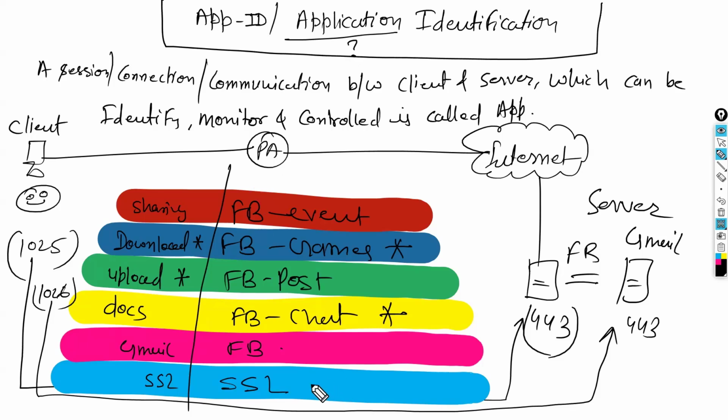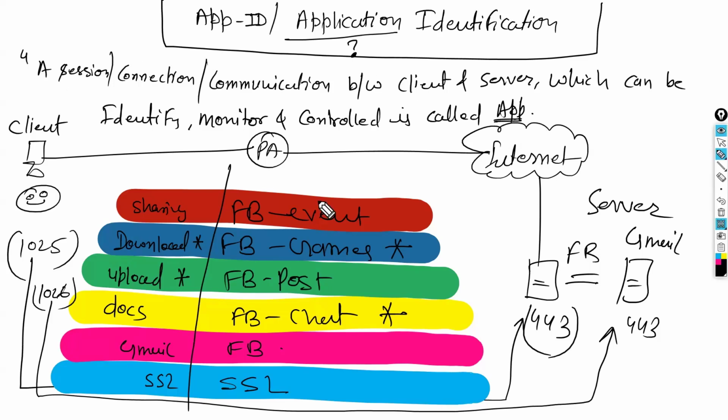If someone asks us what is App ID, we can say that with the help of App ID, we can block applications like Facebook chat, Facebook games, or applications like Google Docs upload and Google Docs download. Or if someone asks, in Palo Alto we implement a feature App ID, then in that App ID or application identification, what is the meaning of application?